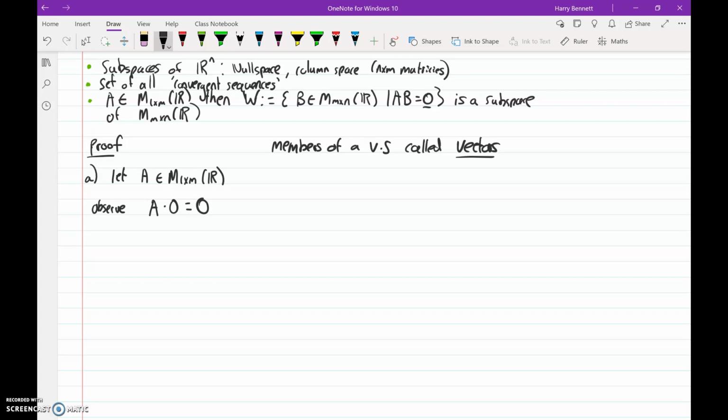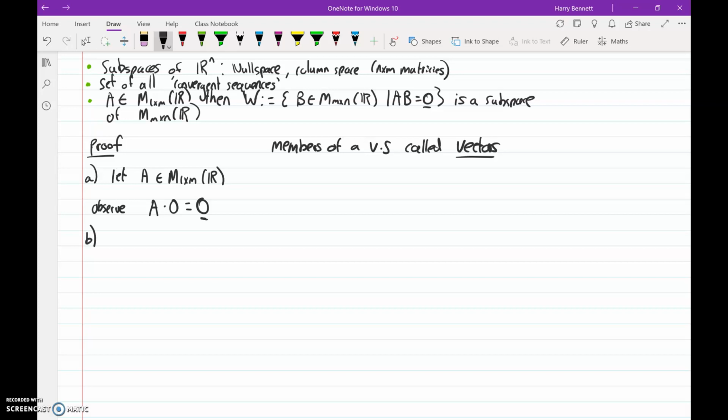Also, it's a standard fact of matrix multiplication that when you multiply anything by the zero matrix, you get the zero matrix. And of course, this is a vector because it's a member of a vector space. So we've proved this: the zero matrix is in this set because when you multiply it by A, you get the zero matrix. Okay.